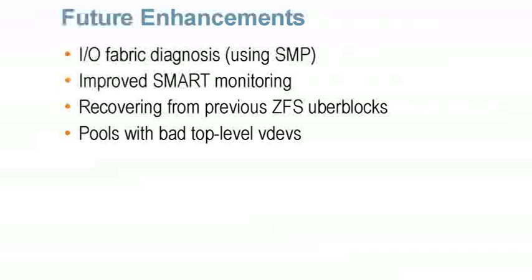I talked about the improved SMART monitoring. Another hot topic on ZFS Discuss is recovering from previous ZFS uberblocks, which Jeff Bonwick is working on right now. This is where ZFS assumes that disks behave according to how they should behave. That is, if they have a write cache, that flushing the write cache will actually do the right thing, and that it will preserve write semantics and write ordering.